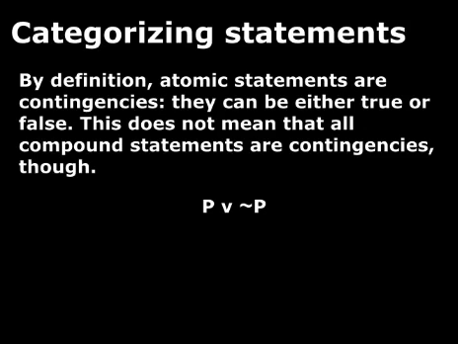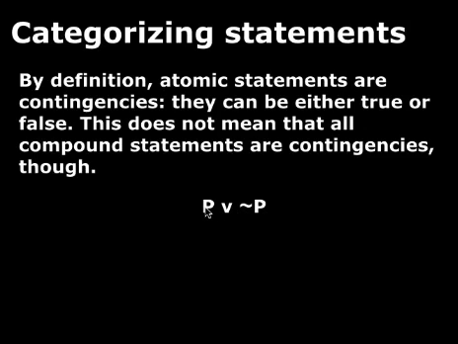Here's a compound statement, P or not P. You should be able to tell by looking at this disjunction that this statement's always going to be true. Why? Because the truth function for disjunction is that the whole disjunction is going to be true if either one of the disjuncts is true. It only takes one disjunct.